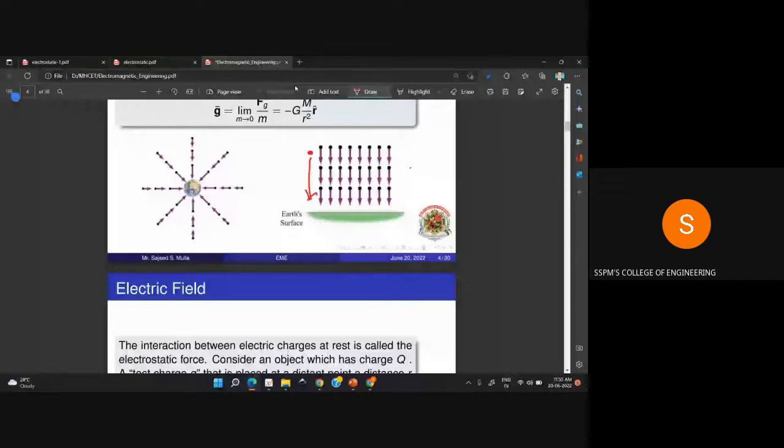So that is the property of the field. The field is nothing but a region where a force is exerted on the object.